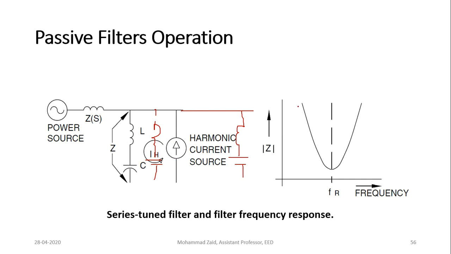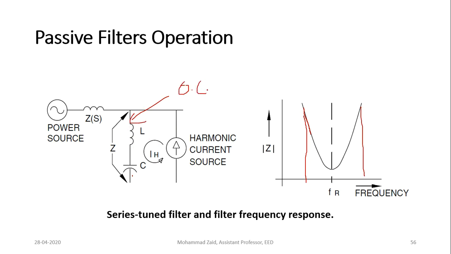It works on the principle that the impedance offered by this branch, which is a harmonic filter branch, should be high for all other frequencies. That means the 50 hertz current will not be coming out from this. For the fundamental, it will be acting like an open circuit.